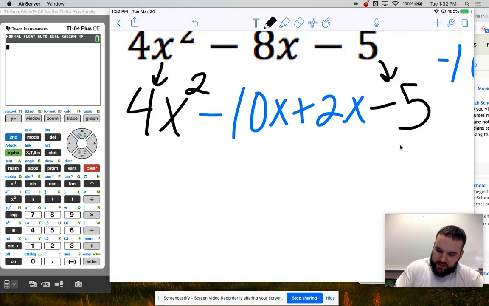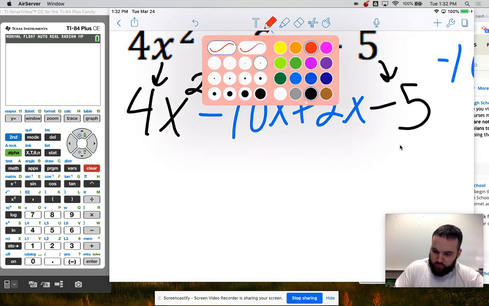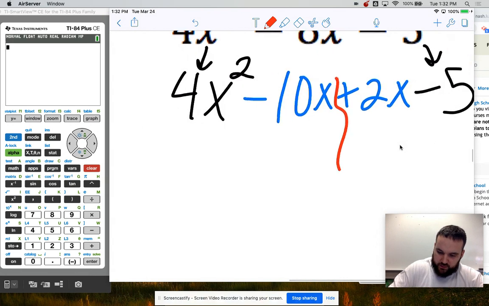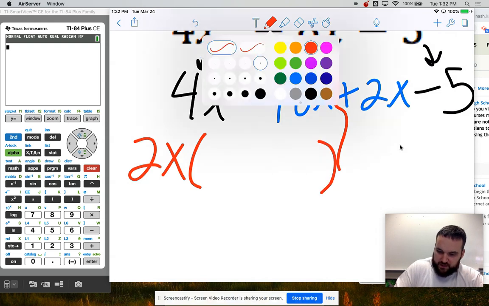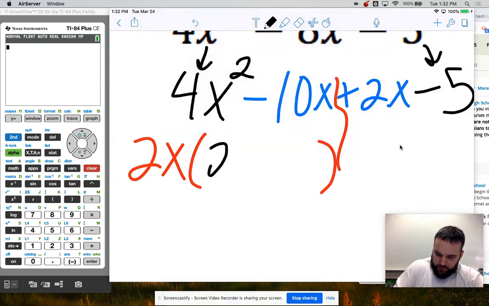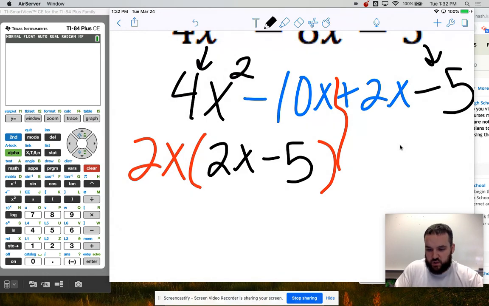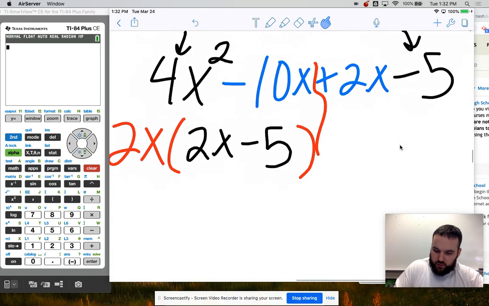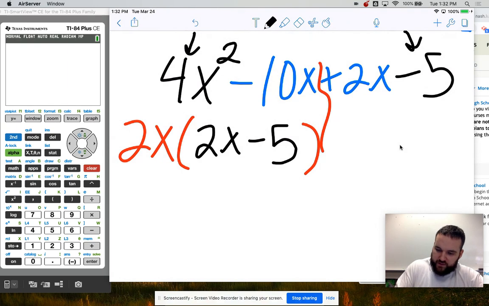Okay. Now that I've got 4 terms, we're going to break this into 2 halves. The first 2 terms have 2x as a greatest common factor. And then that would leave me with 2x minus 5 in the parentheses if I divide by 2 and take an x away. And then over here, oh, look at that. I already have 2x minus 5.